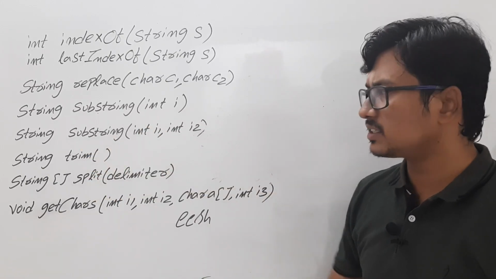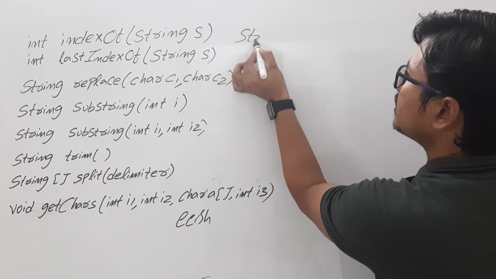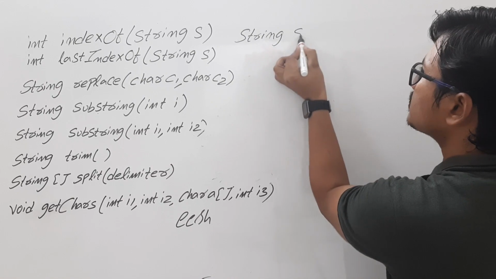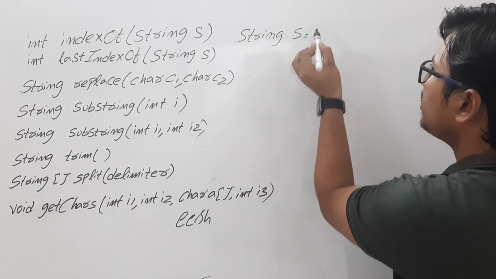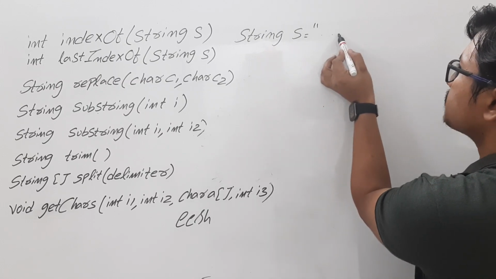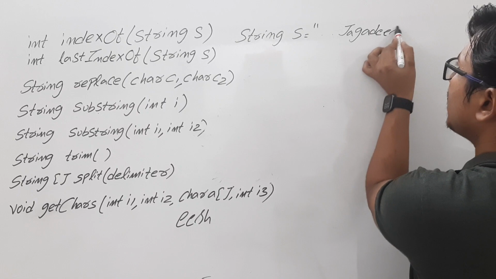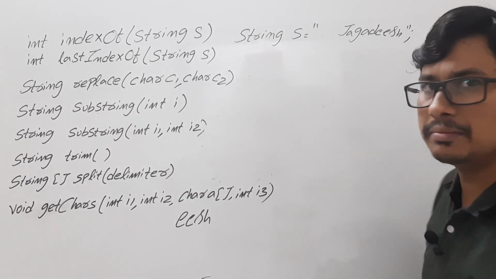To make you understand the trim method, I will take a string variable s is equal to, and now I will give some spaces. Space. Here I will write Jagadish. Why I am doing this, you will understand when I discuss the trim method.